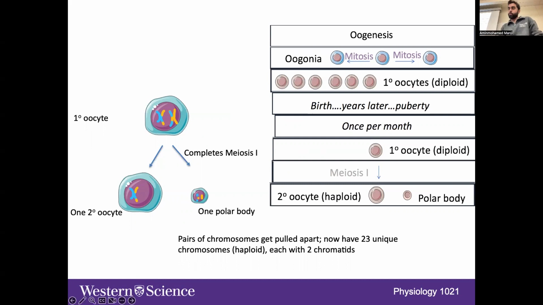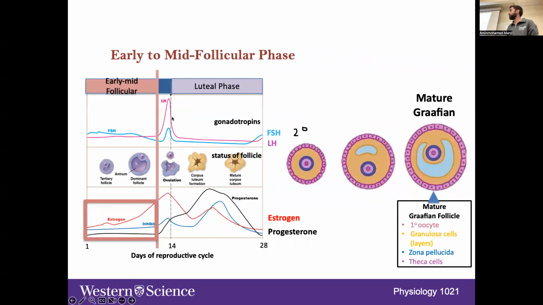Okay, so question for you. Does anyone know what specifically is recruiting those 30 to 50 follicles to undergo maturation and go through this whole process? Yep. FSH specifically, absolutely. So in your early to mid follicular phase, you see that you have relatively high FSH levels. That's this kind of blue line right over here.